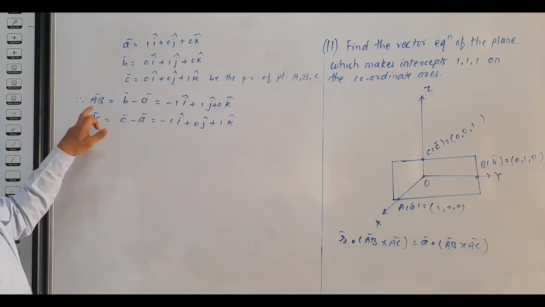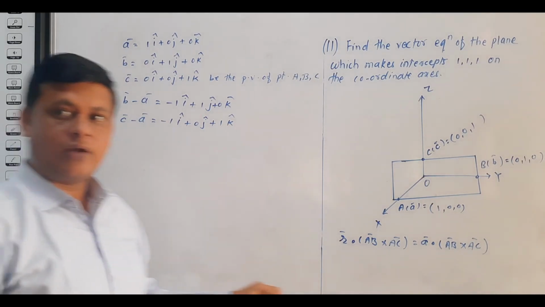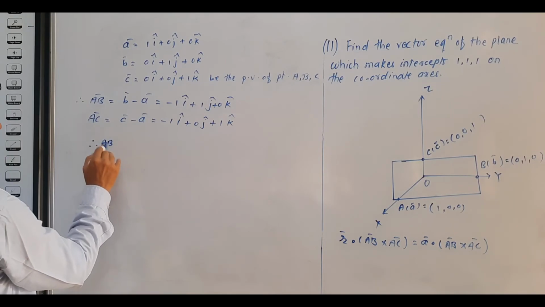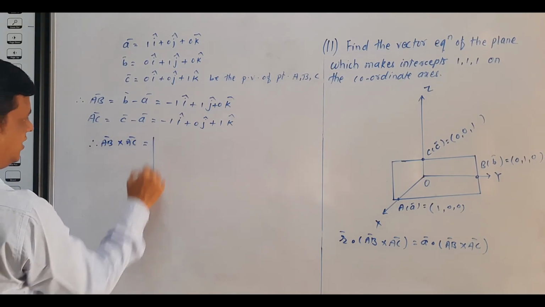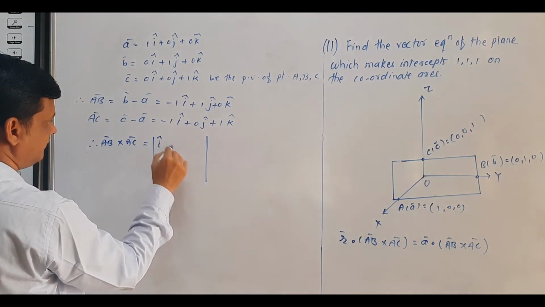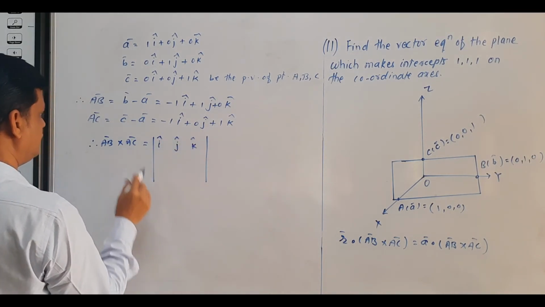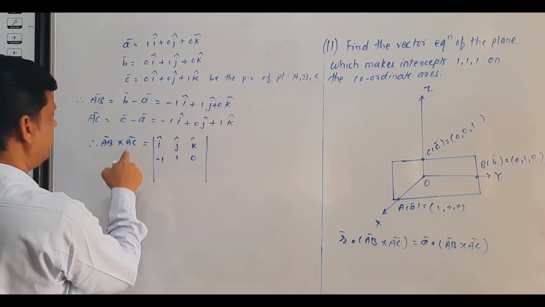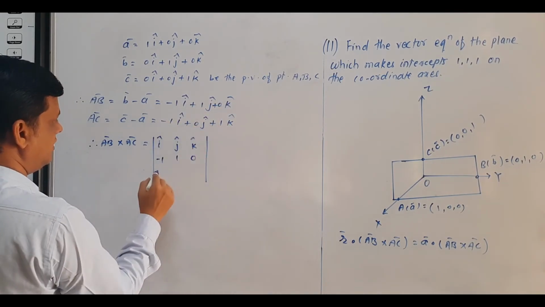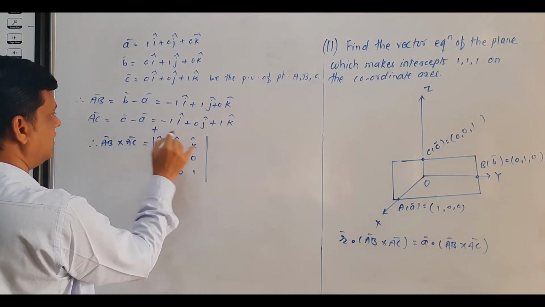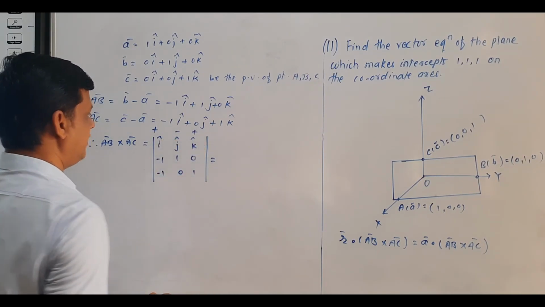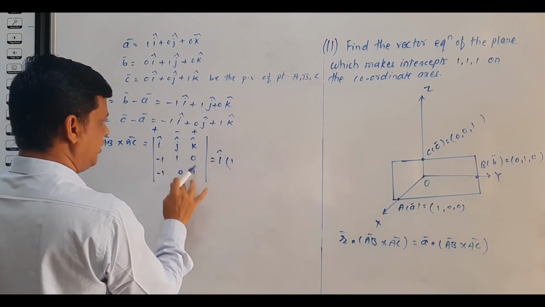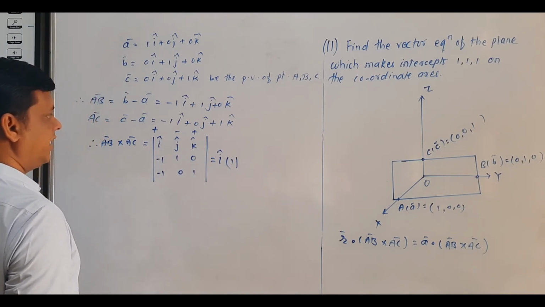Now we know the value of vector AB and vector AC, so we calculate the cross product. Vector AB cross vector AC is equal to: vector AB is minus 1, 1, 0, and vector AC is minus 1, 0, 1, with signs plus, minus, plus. So calculate this value. i in bracket: 1 into 1 is 1, 0 into 0 is 0, so 1 minus 0 we get 1.